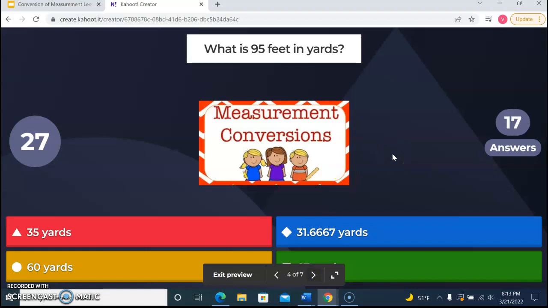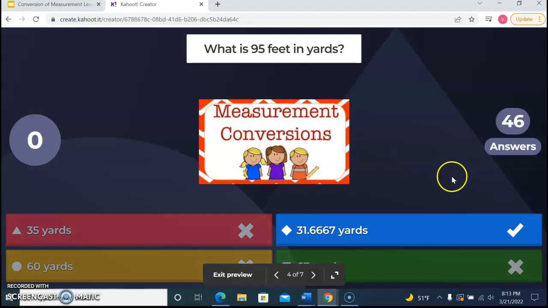Number 4. What is 95 feet in yards? Would it be 35 yards, 60 yards, 31.667 yards? Because we divide the length by 3. So it would be 95 divided by 3.